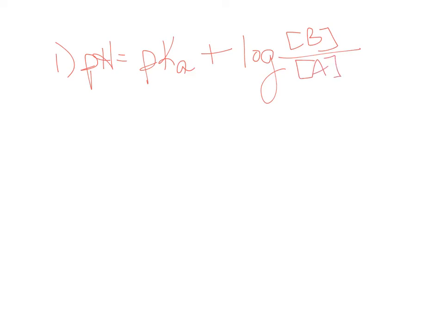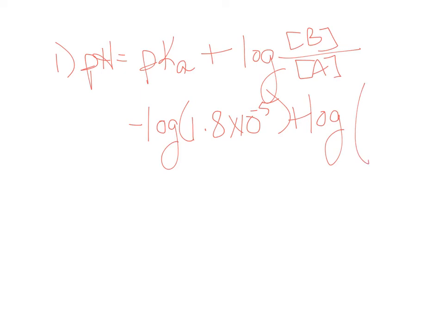All right, pKa is minus the log of the Ka of acetic acid, which is 1.8 times 10 to the minus 5. And the concentration of the conjugate base, the acetate, is 1.25 molar.